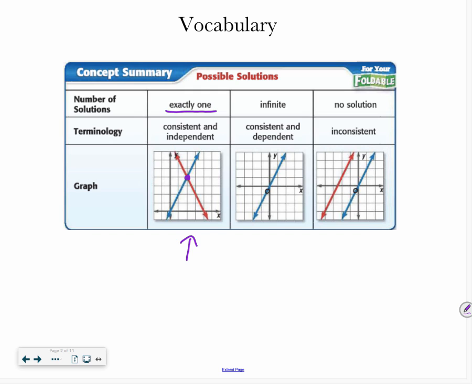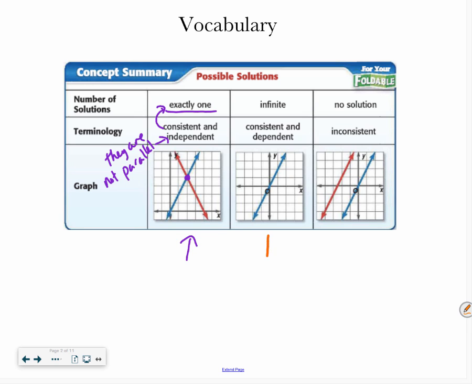Whenever you have two lines that cross in just one place, you call that graph consistent and independent. Consistent means that it intersects at exactly one point. Independent means that they are not parallel.